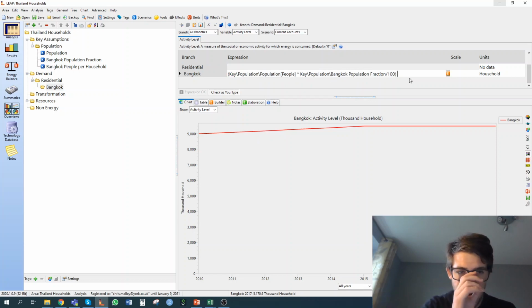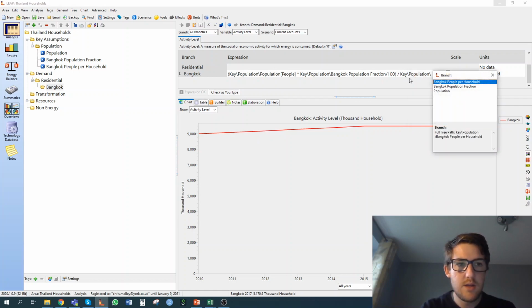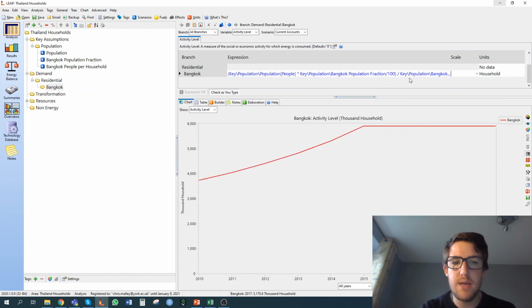To then get the number of households, I need to divide that by the average number of people per household in Bangkok.